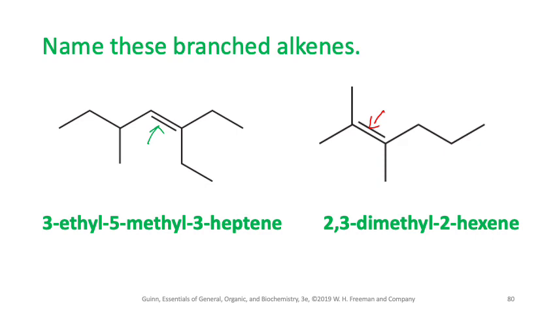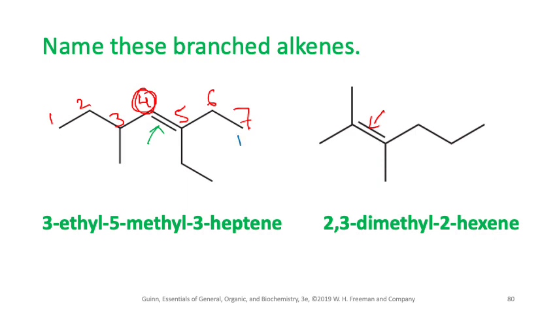So if I start from here 1 2 3, if I go down I have just one more carbon, but I can see many more on the right hand side, so I have to include as many as possible. 4 5. Now if I go up 6 7, if I go down 6 7, it doesn't matter for this case. So let's go this way 6 7. So if I count this way, I'm including the double bond in the counting, but I'm giving it number 4. Let's go the other way around.